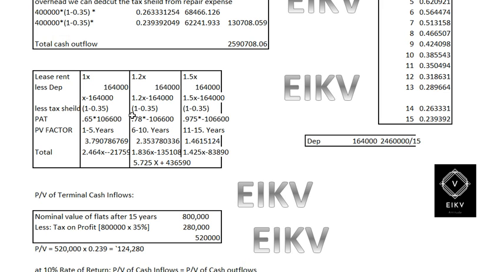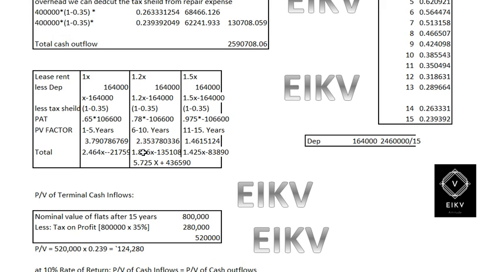After considering the tax shield, we have the PV factor. The PV factor at 10% for 5 years would be 3.7907, for 6 to 10 years it would be 2.3537, and for 11 to 15 years it would be 1.46105.